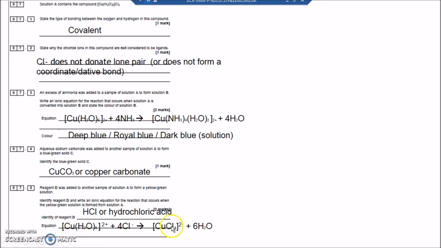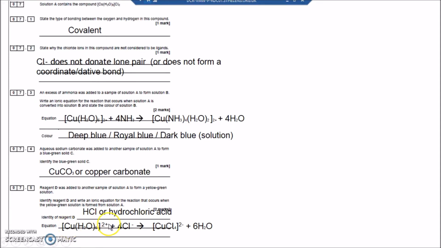Why only 4 Cls? It's because they're larger than the H2O ligands, and only 4 Cls can fit around the Cu 2+ metal ion. Now then, why is it 2+ going to 2-? Well, waters have no charge.